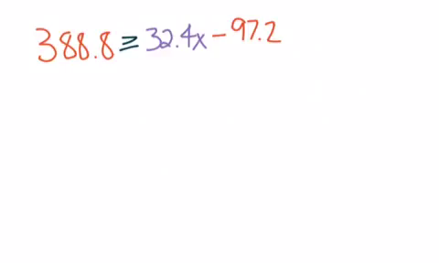Okay, so you have 388.8 is greater than or equal to 32.4x minus 97.2. Our first step here is we're going to add 97.2 on both sides to combine like terms.